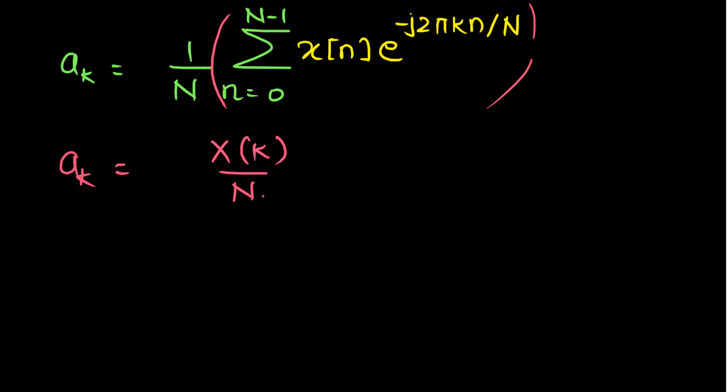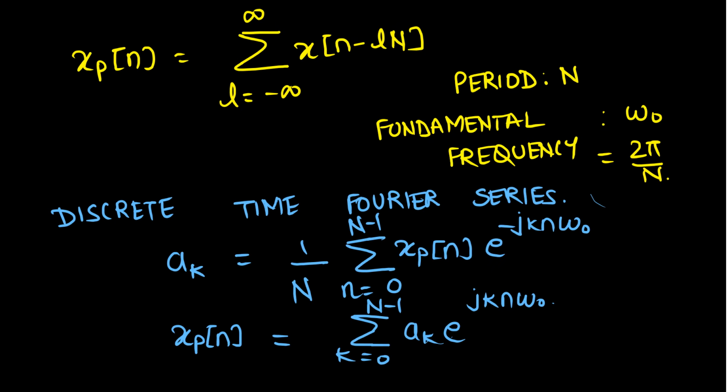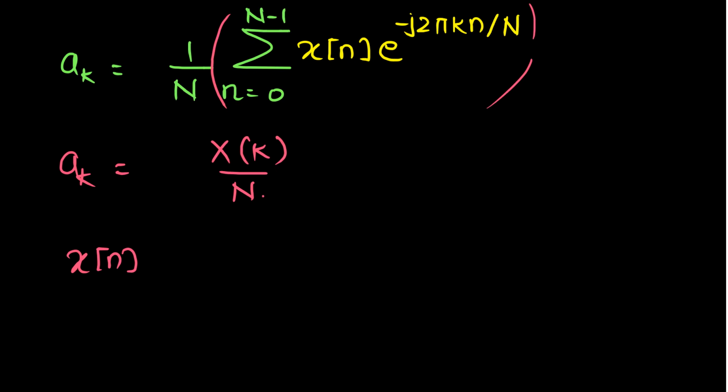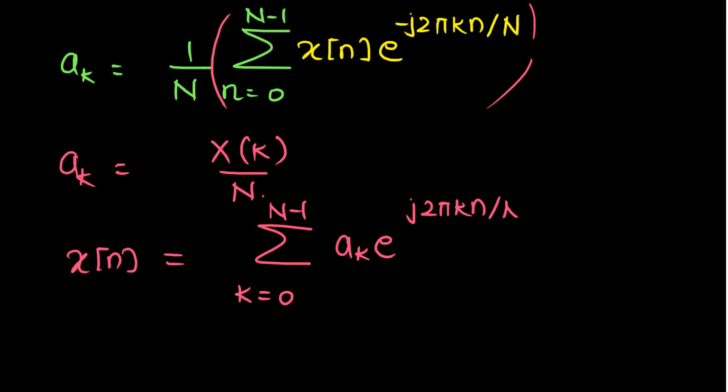So we know that this x of n, using the synthesis equation for the Fourier series, we can find it as x of n is equal to summation k running from 0 to N minus 1 a_k into e to the power j 2 pi kn by N, which is equal to summation k running from 0 to N minus 1.